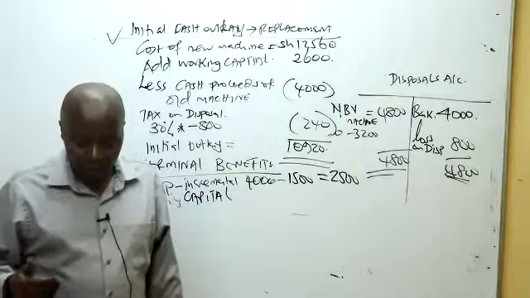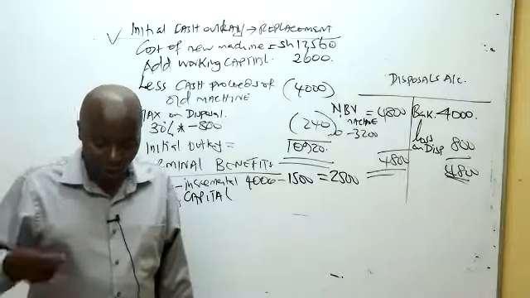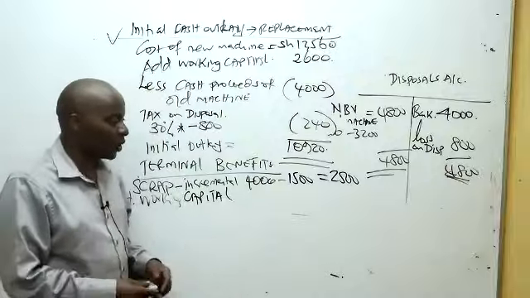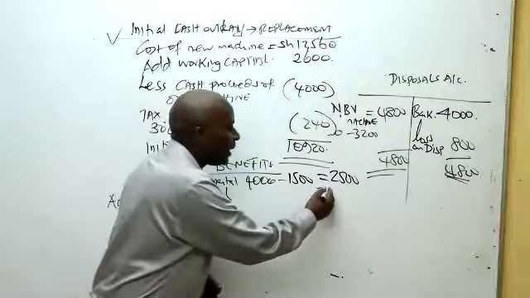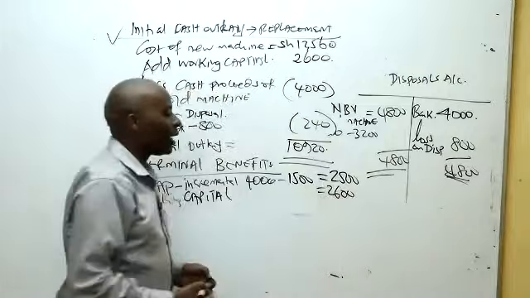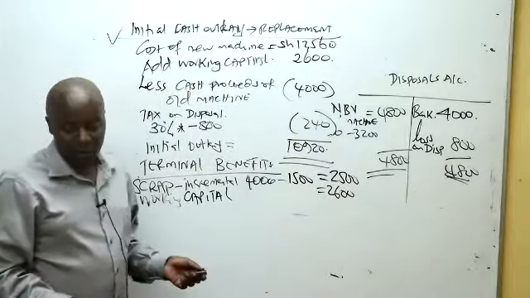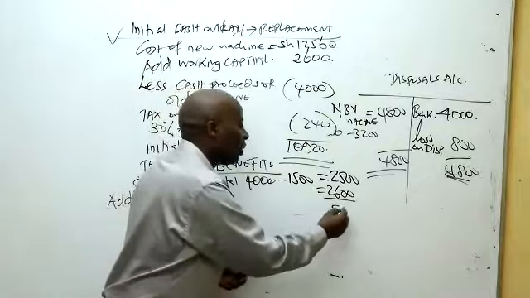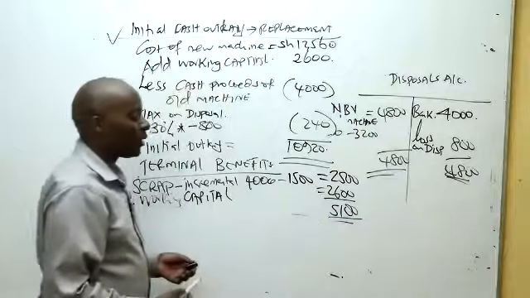The new machine will also require an additional increase in working capital. You can see it's already an increase. So the increase, don't subtract there, it's an increase. So we have what there, somebody? 2,600. And that will be the total cash flow, which is 5,100.